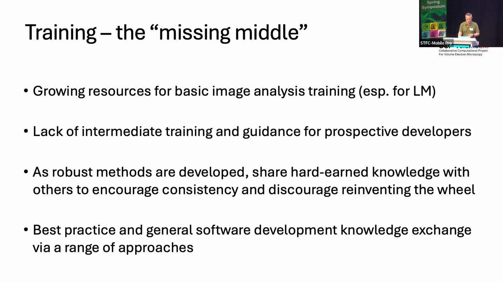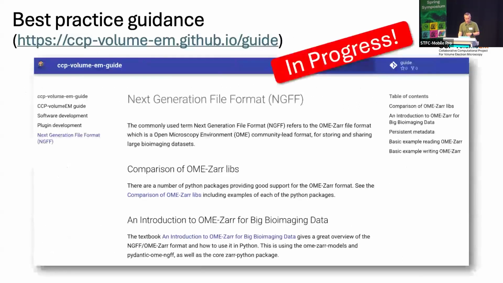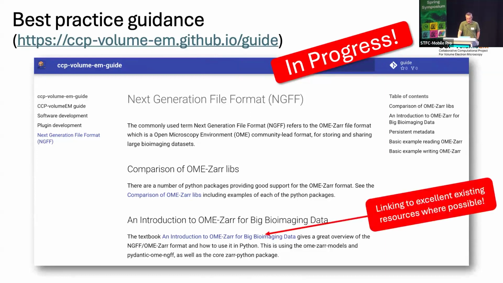We've got a few different approaches for doing this. Again, on our GitHub organization, we have some guides that the team have been building. There's one, if you want to learn more about next-generation file formats. Again, there are very good resources out there, and we don't feel the need to rewrite everything that's out there.